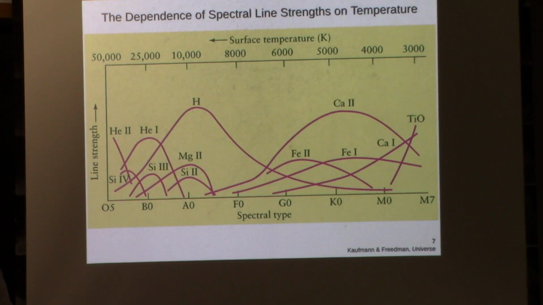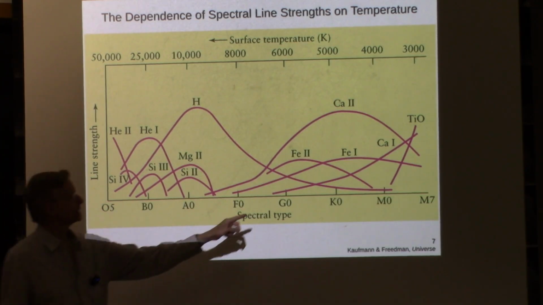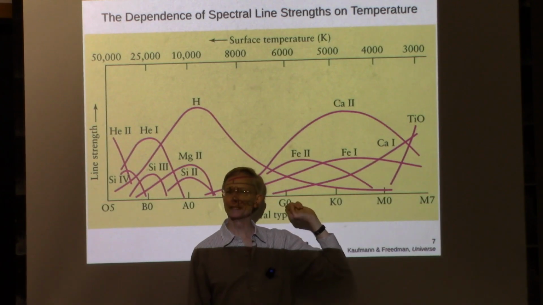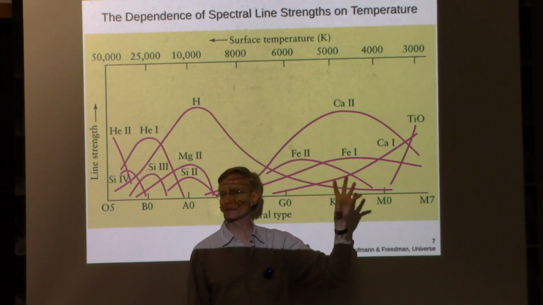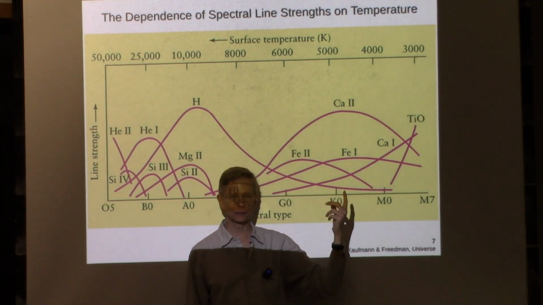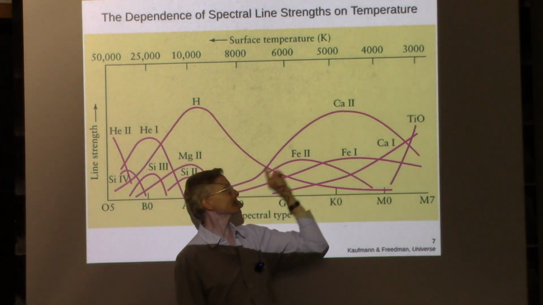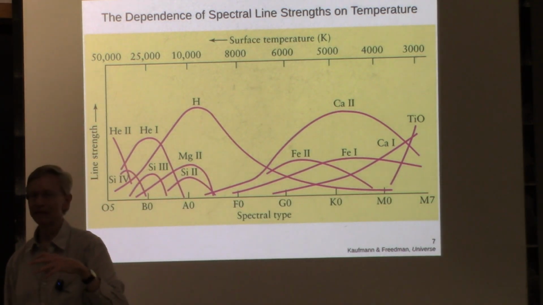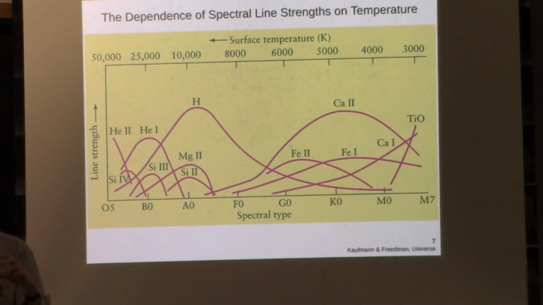So 1 is one more than the number of electrons, 0, that it has lost. Calcium-1, chemical symbol for calcium, Roman numeral 1, is neutral calcium. It has as many electrons surrounding the nucleus as there are protons. Calcium-2 is singly ionized calcium. One electron has been stripped from the calcium ion.